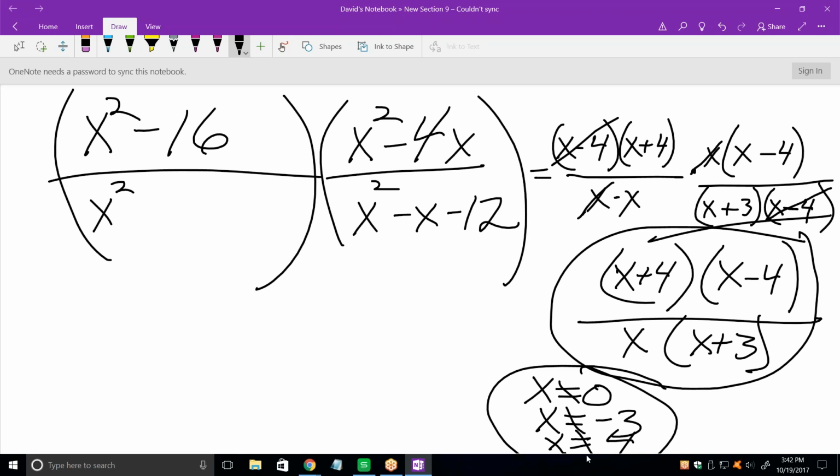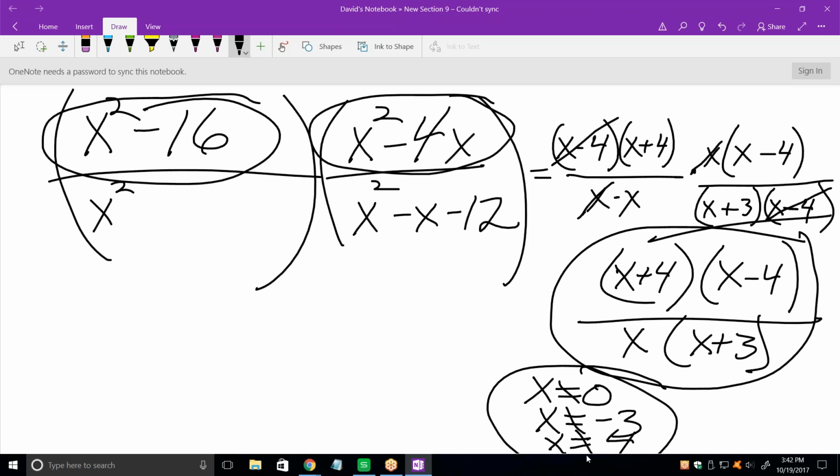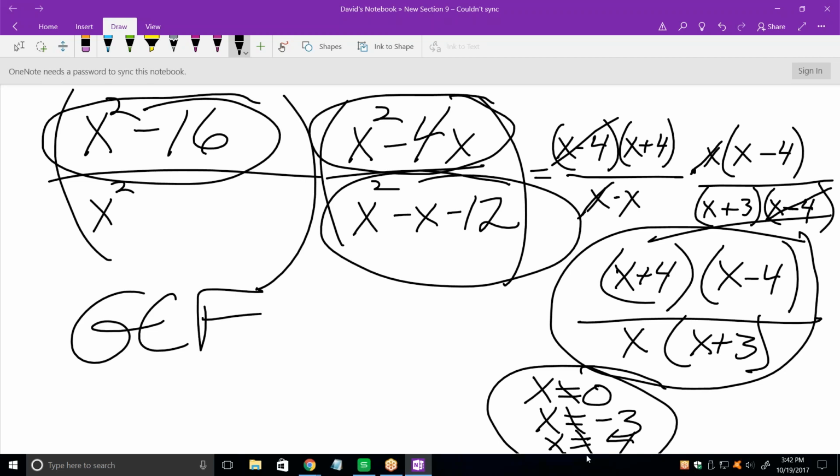All right. Notice that we have to do all kinds of factoring here. We had to do difference of perfect squares, greatest common factor, and normal quadratic factoring. Those are the 3 types of factoring that you have to do. Actually, the order is greatest common factor first, then DOPS, difference of perfect squares, and then quadratic factoring.